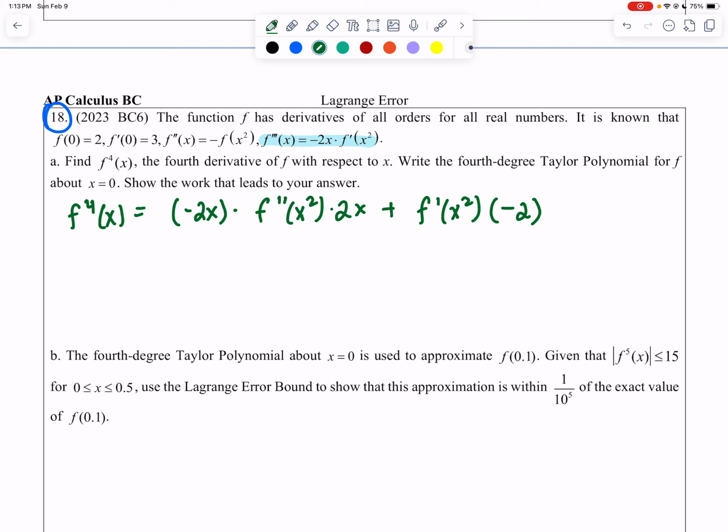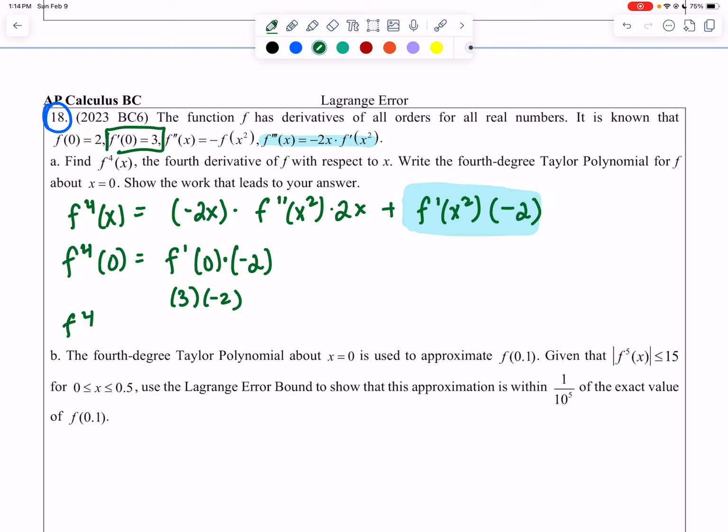If we plug in 0, this thing just cancels out because this is 0 and this is 0, so that's just 0. So then the fourth derivative at 0 is going to be f prime of 0 times -2, aka only this part right here. Okay, so f prime of 0 is 3. So we have the fourth derivative at 0 being -6.